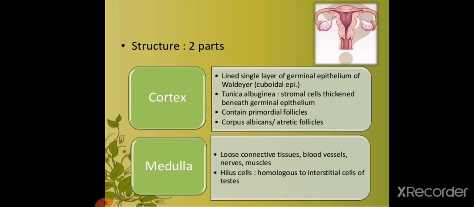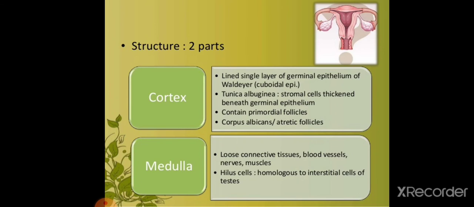Then we have repeated this, that is the ovary has two parts, the outer cortex and the inner medulla. These are the two parts of the ovaries. The cortex has the lining epithelium, that is germinal epithelium made up of cuboidal cells. Then outside that it is covered by the peritoneal layers.